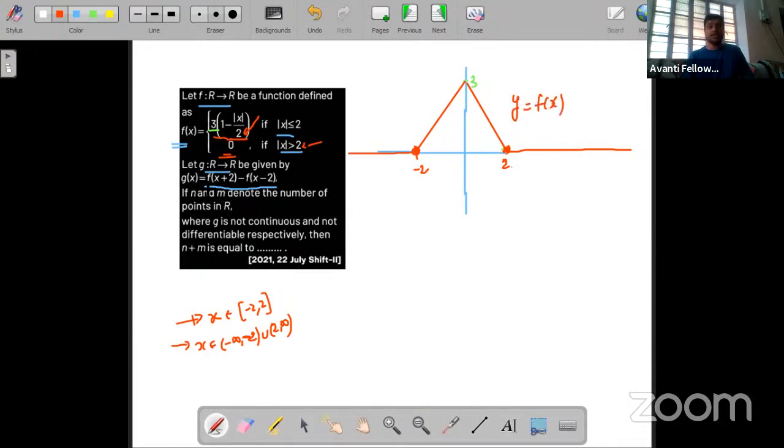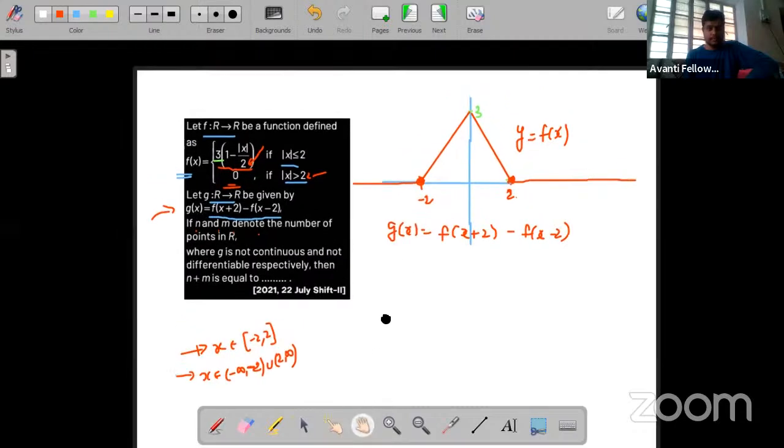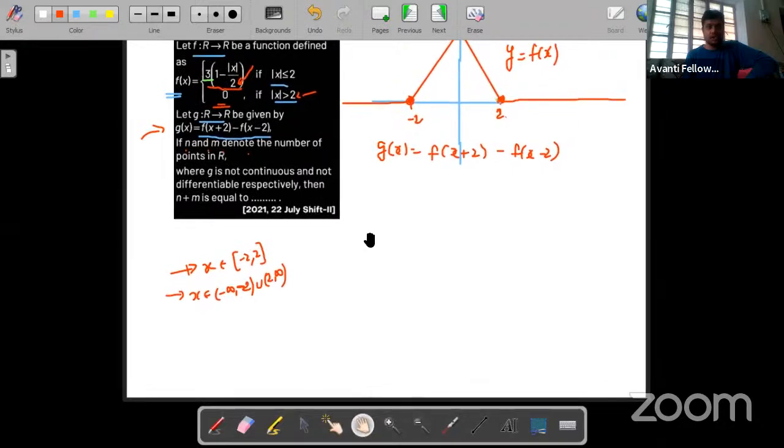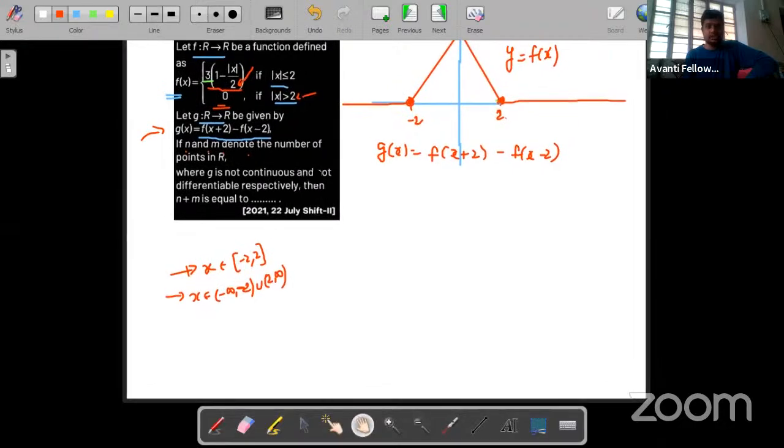Now we have to find the graph of g(x), and what it is saying is that g(x) is f of minus f of x minus 2, and let n and m denote the number of points in R where g is not continuous and not differentiable respectively.